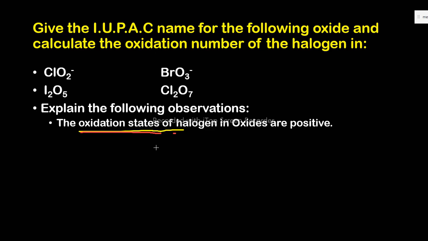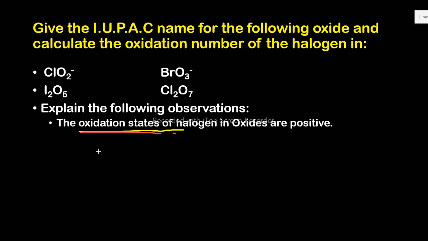Yes, they are all electronegative, their electronegativities are high, but oxygen is more electronegative than the halogens. So when two atoms combine, the one that is more electronegative assumes a negative charge, and the one that is less electronegative assumes a positive charge.